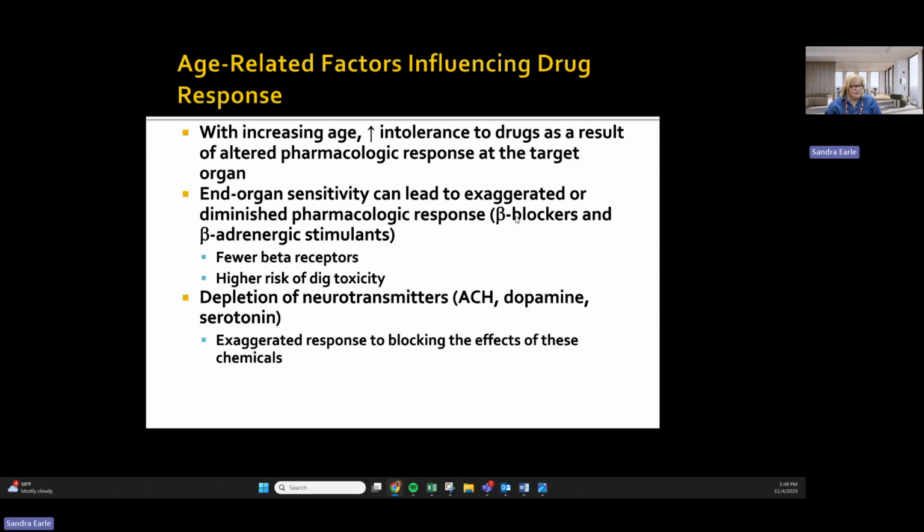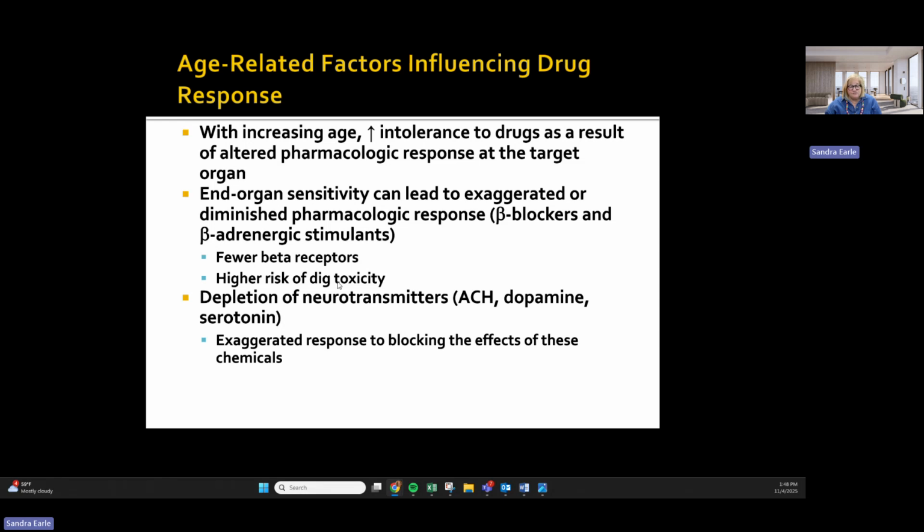So for example, beta blockers and beta adrenergic stimulants, because there's fewer beta receptors, beta blockers can have a pronounced effect. And beta adrenergics may be harder to increase beta activity with beta adrenergic stimulants. There's just fewer beta receptors available.